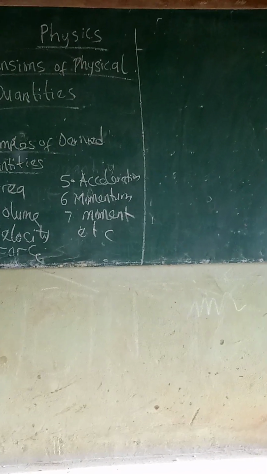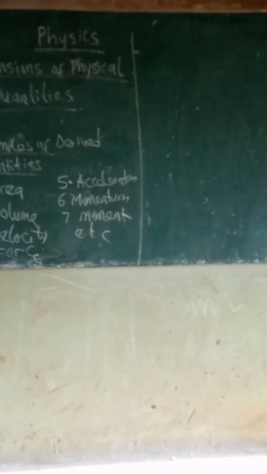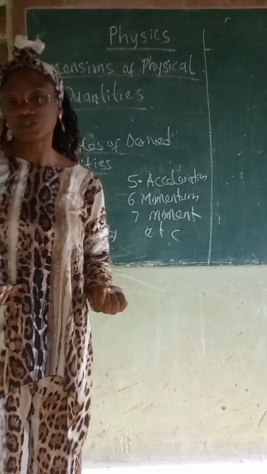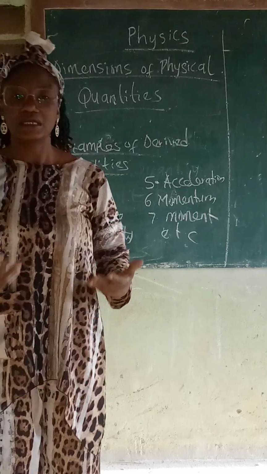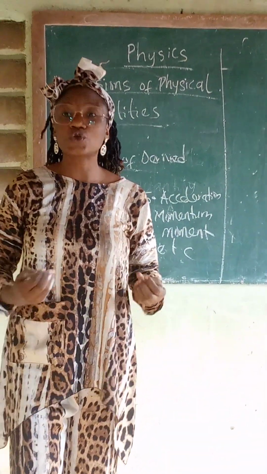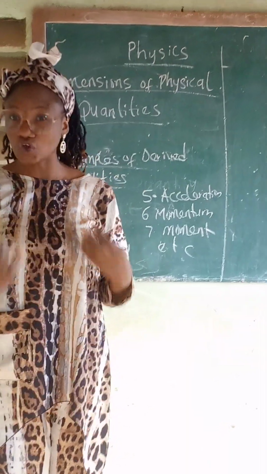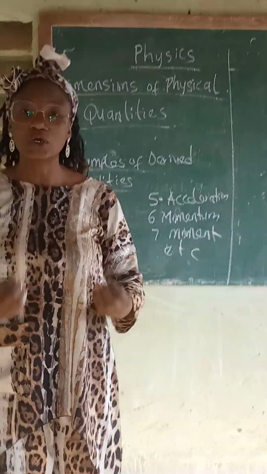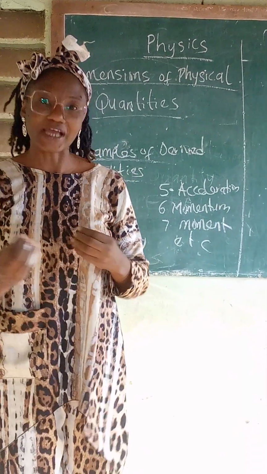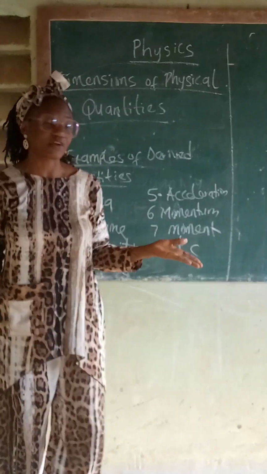Now, there are two ways we can dimension a quantity. Either you use the formula method, if you know the formula, or you use the unit, if you are sure of the unit. We'll try the two methods and see which we prefer.